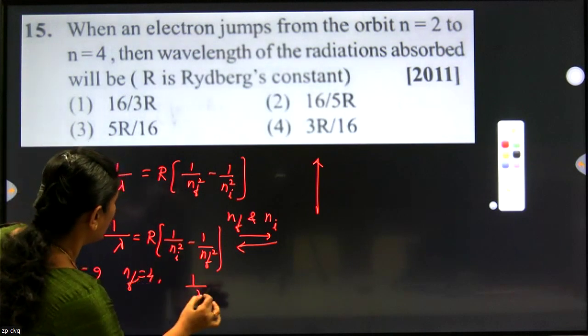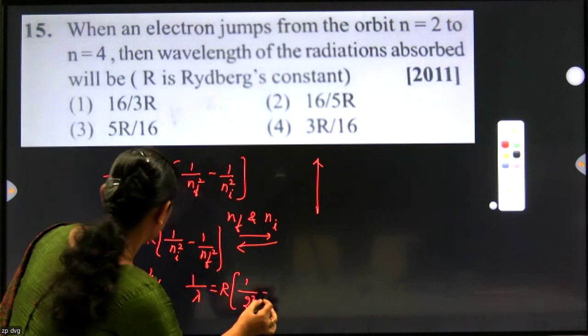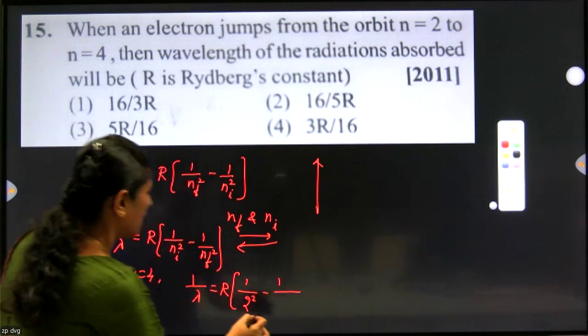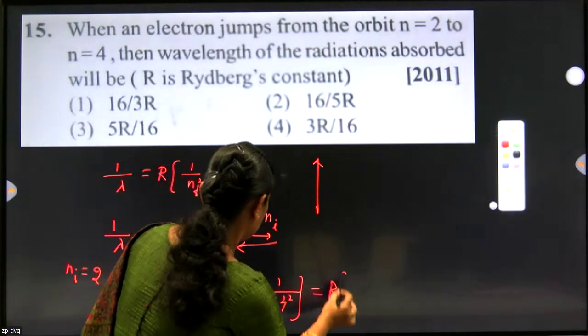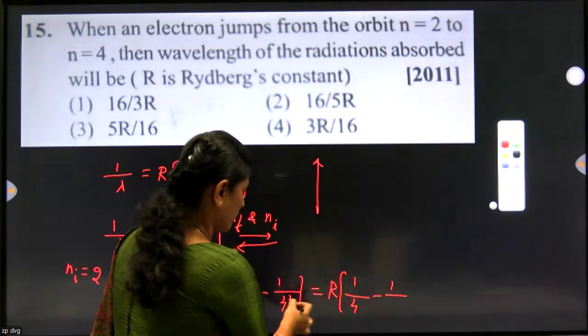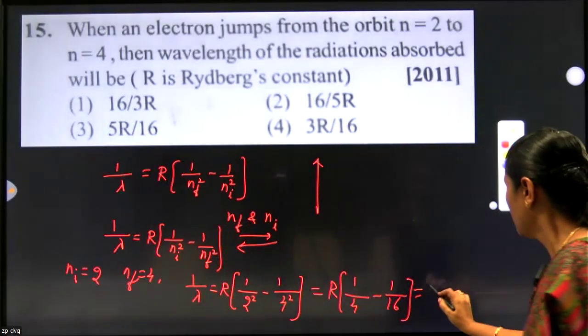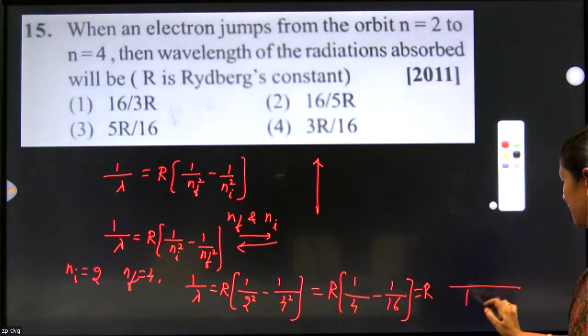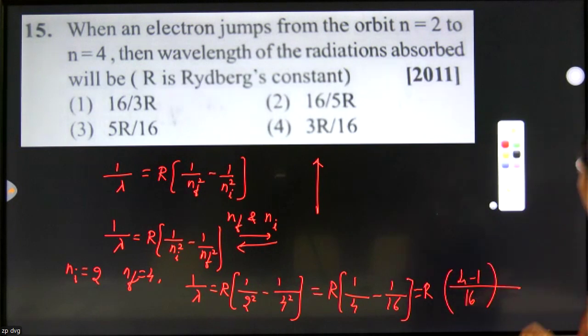Therefore, 1 by lambda is equal to R into 1 by 2 square minus 1 by 4 square, that is R into 1 by 4 minus 1 by 16. Taking 16 as the LCM, 4 minus 1, that is equal to 3R by 16.